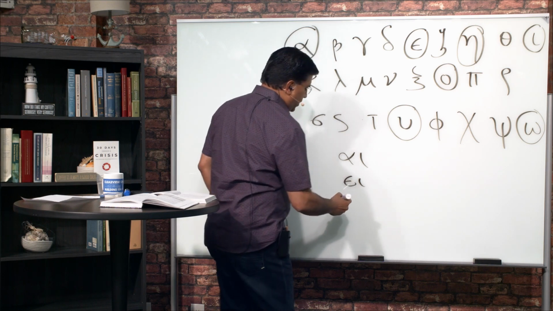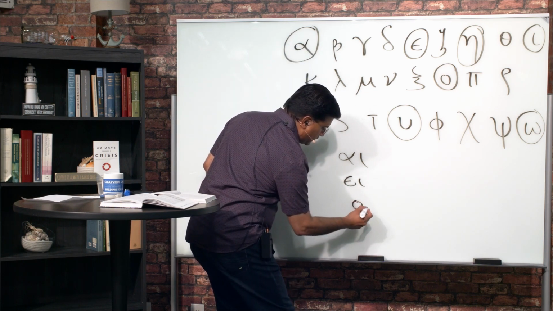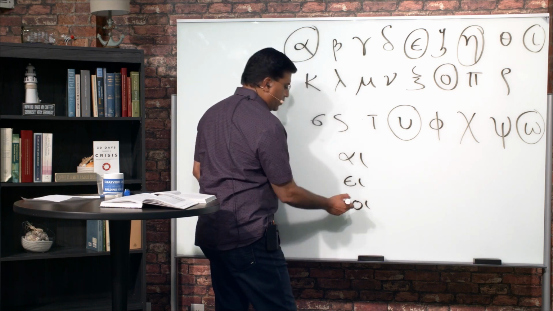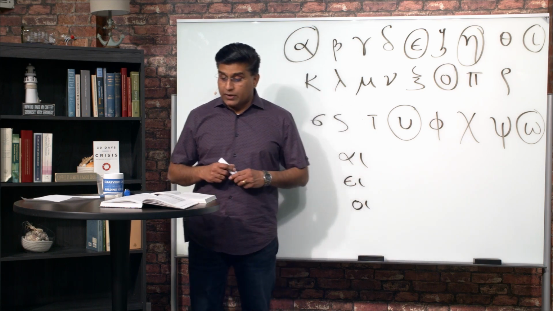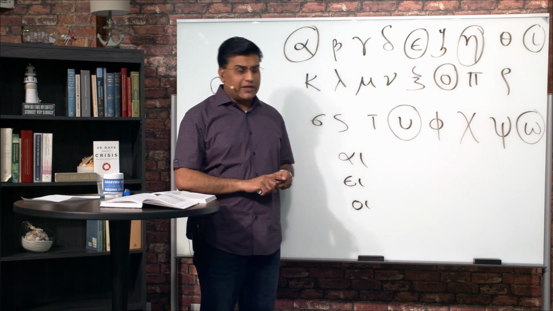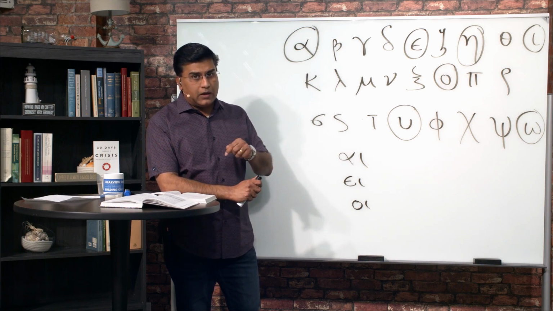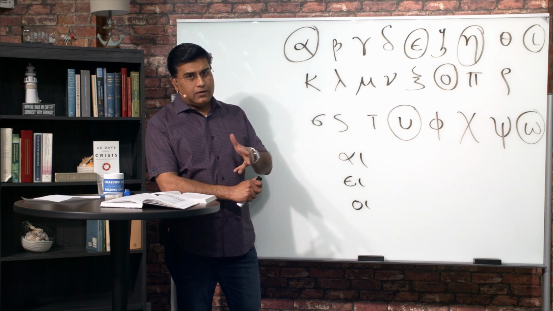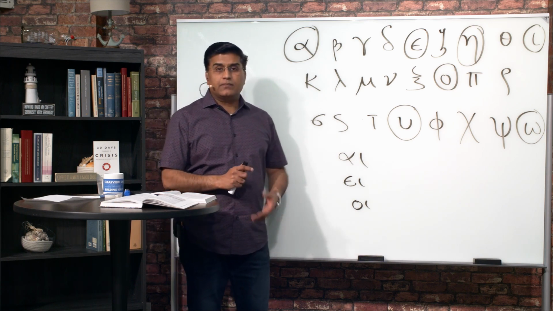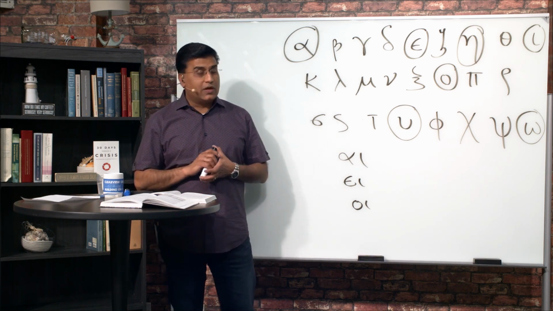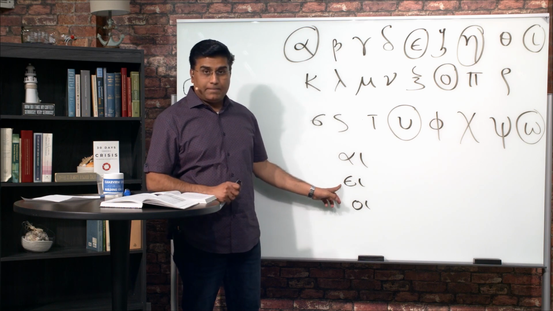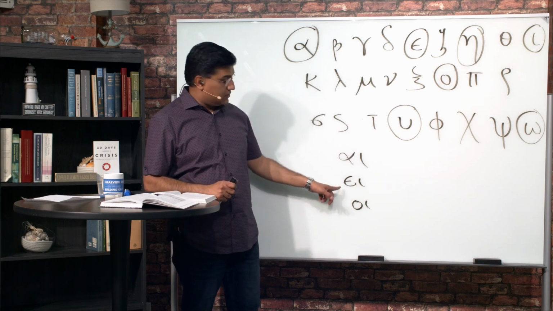What if the diphthong is with omicron and iota? In the classical Erasmian pronunciation it is like the OI in oil. But what is it in the Koine and modern pronunciation? It's just like the previous one, like the I in spit.